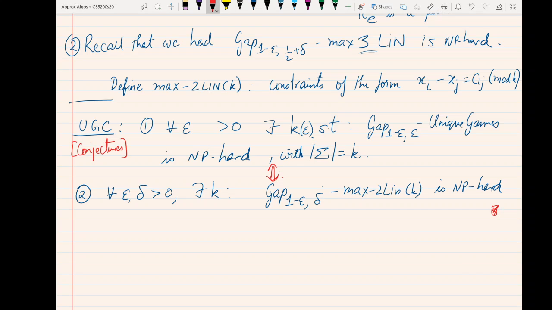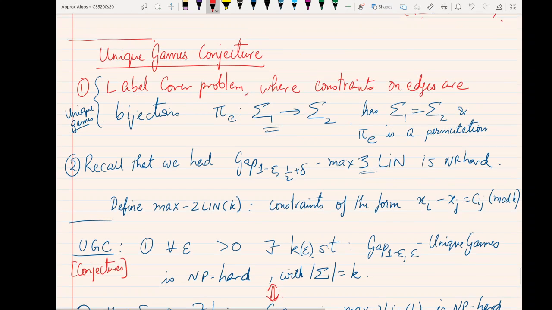Then you have the proof checking view, which states that PCP, the class of PCPs using log n randomness and a constant number of queries, captures the class NP, a probabilistic version of the original definition of NP. And third, you have the label cover problem, and showing that gap label cover is NP hard.